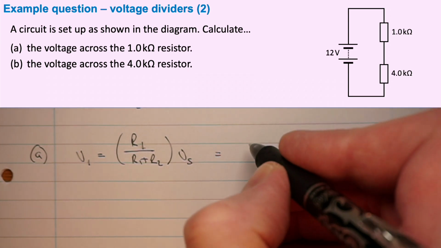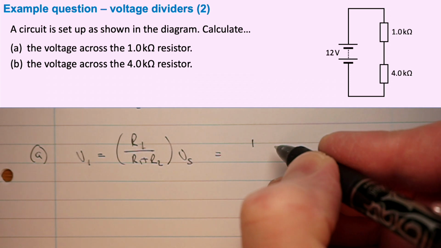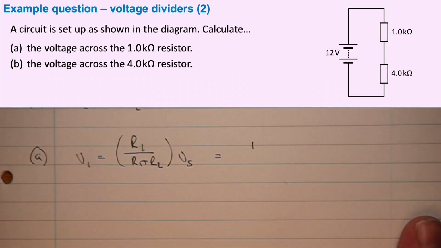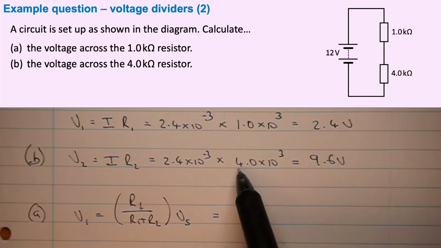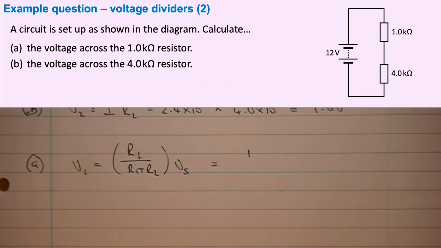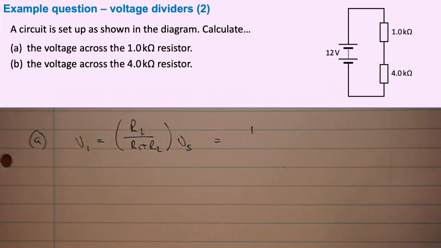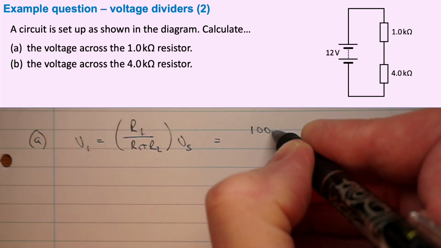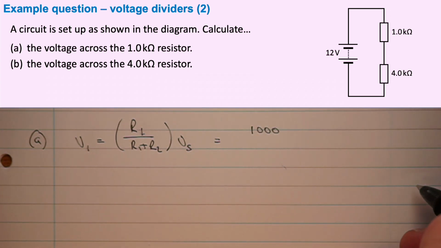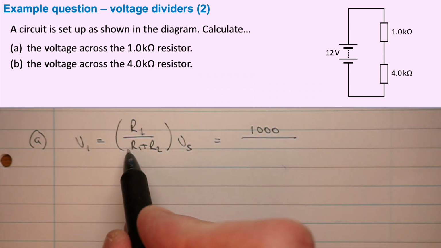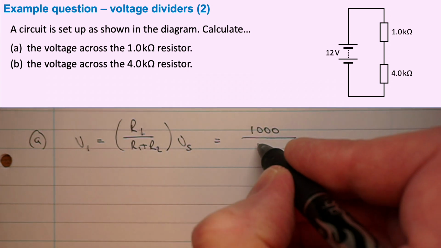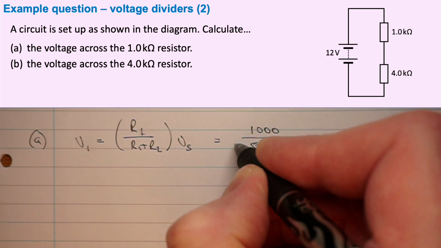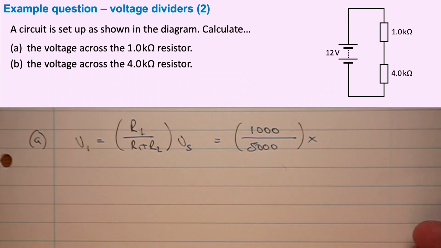So what is R1? R1 is a 1000 ohm resistor. Now, previously I wrote these resistances, 1k is 1 times 10 to the power of 3 and 4k is 4 times 10 to the power of 3. I'm actually going to write the 1k, just to remind you, 1k is 1000. So that's R1. R1 plus R2 is of course 1k plus 4k, well, that's 1000 plus 4000 is 5000, in brackets, multiplied by supply voltage, 12.